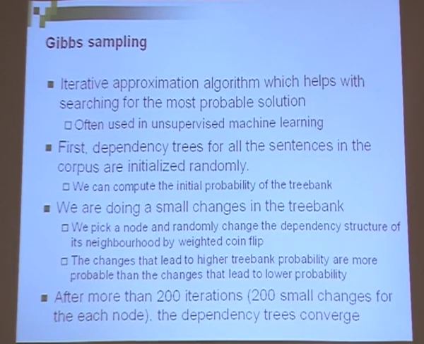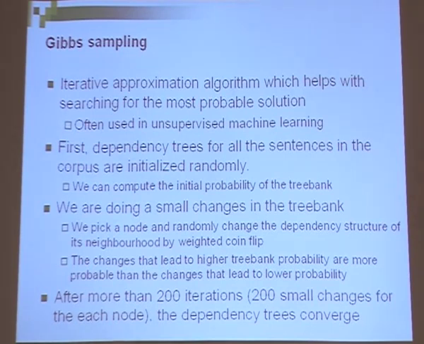So now the Gibbs sampling. Gibbs sampling is an iterative approximation algorithm which helps with searching for the most probable solution. It is often used in unsupervised machine learning, and it works as follows. First, if we have a corpus, the dependency trees for all the sentences are generated completely randomly, a random initialization of the dependency trees.